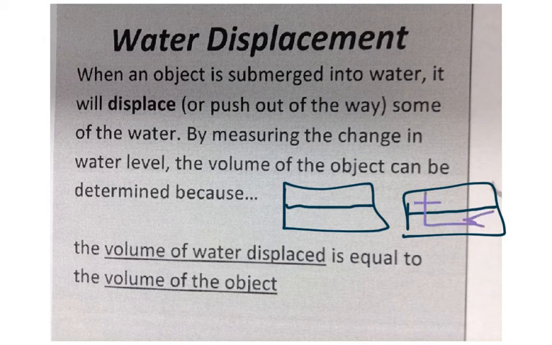So here's your legs, here's your hands, here's your body. What happens to the water? Well, it rises. So this is the final one when you're actually in the bath. What caused that to rise? It's whatever part of your body is submerged. So if you measured this difference, that would be the amount of volume of your body that was in the water.